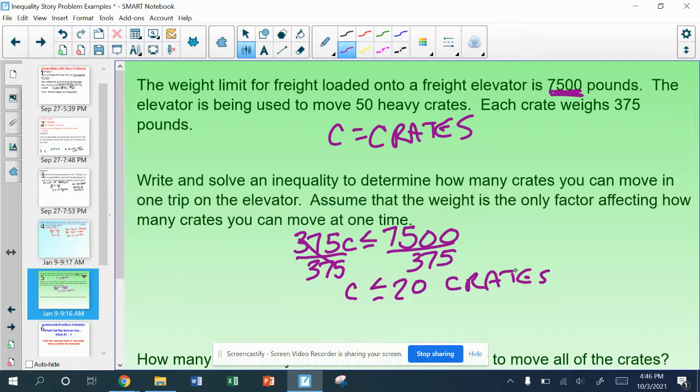So if they could fit 20 crates into the elevator at a time, they could have up to 20 crates on each trip.